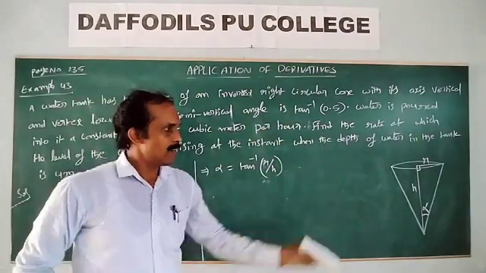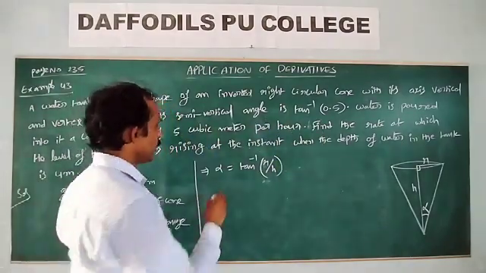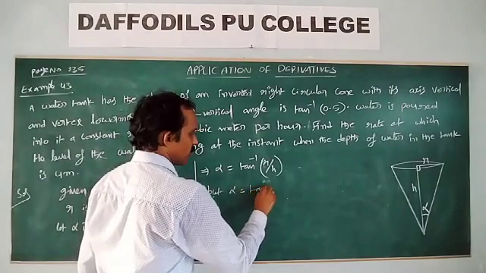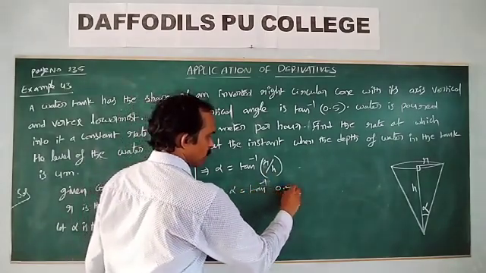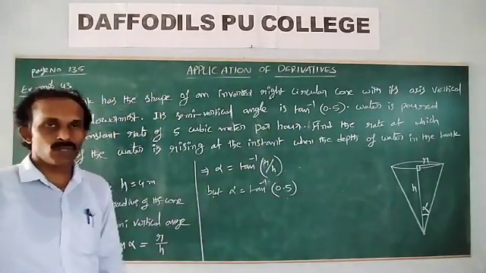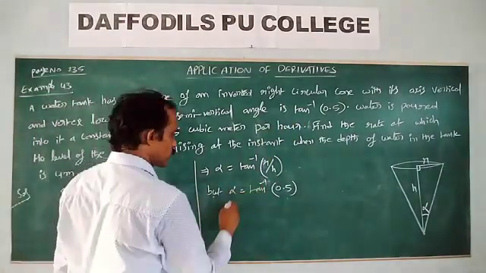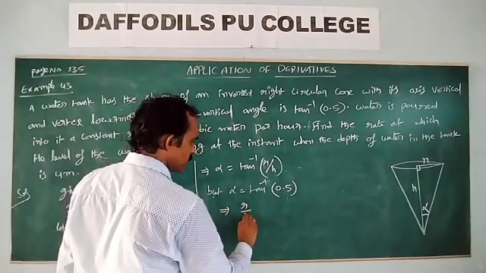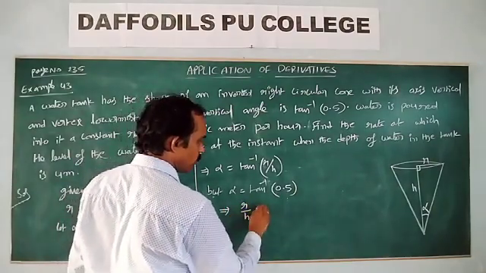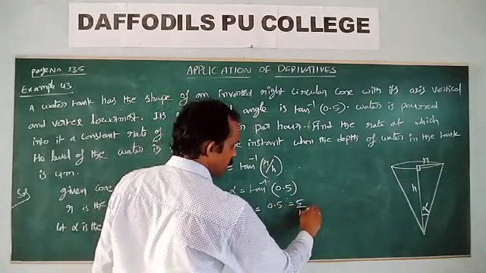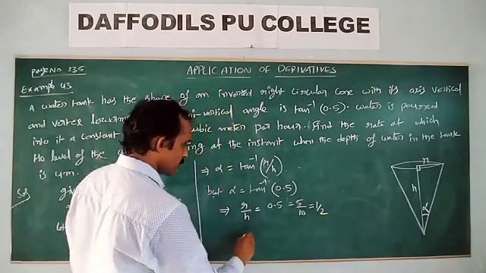But the given semi-vertical angle is tan inverse 0.5, therefore r by h is equal to 0.5, which is 1 by 2.